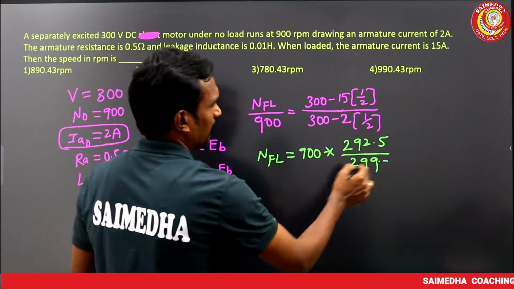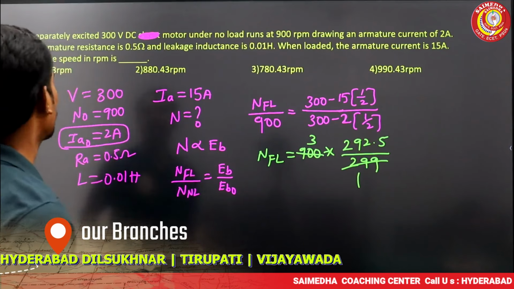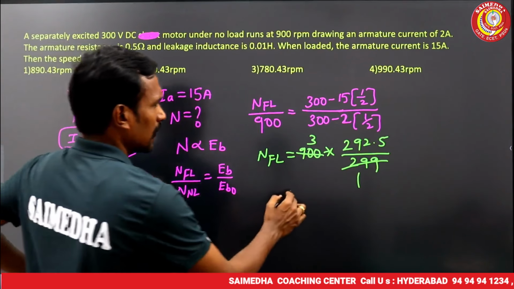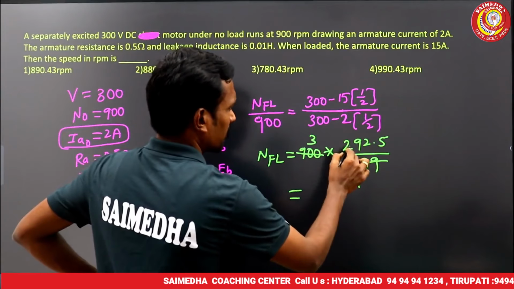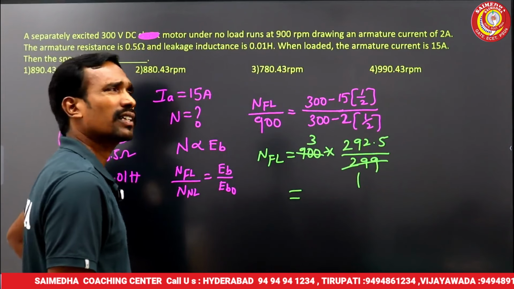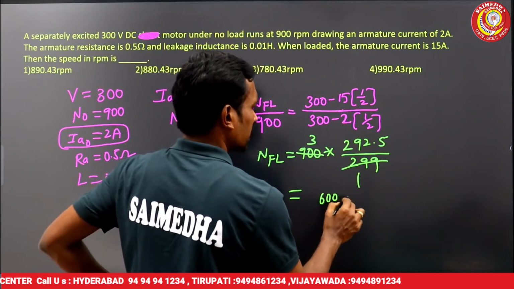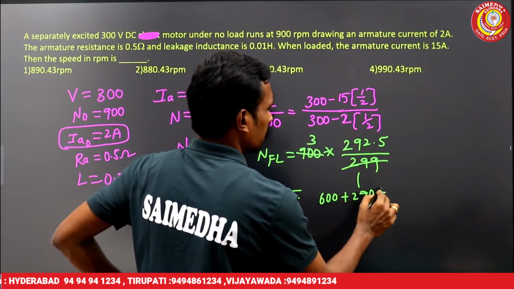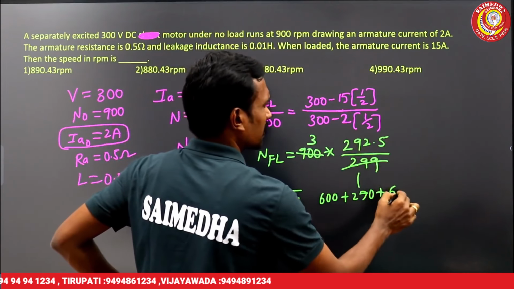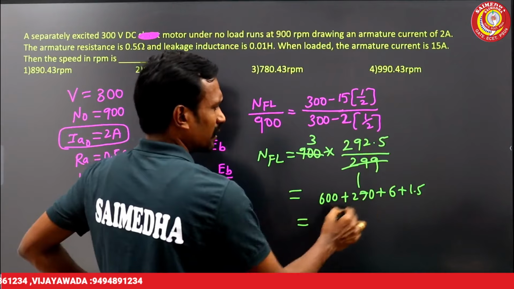If you cancel approximately, what is the answer? 600, and 9 threes are 27, so 870. 600 plus 270 plus 2 threes are 6 plus 0.5, nothing but 1.5 like that.